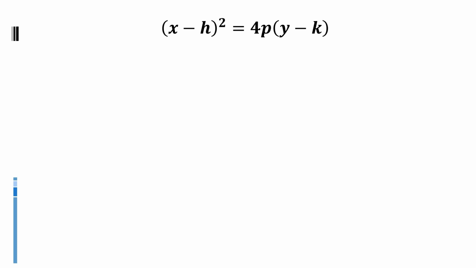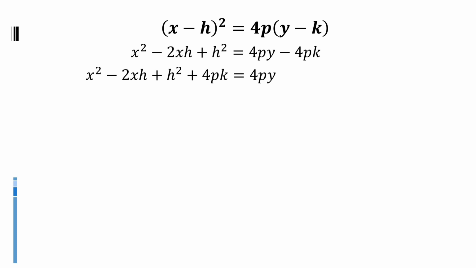Now, given the standard form, i-change natin ngayon ito sa kanyang general form. So we have the square of x minus h equals 4p times y minus k. Then expanding, we have x squared minus 2xh plus h squared equals 4py minus 4pk. And if we move this dun sa kabila, then we have x squared minus 2xh plus h squared plus 4pk equals 4py. Okay?